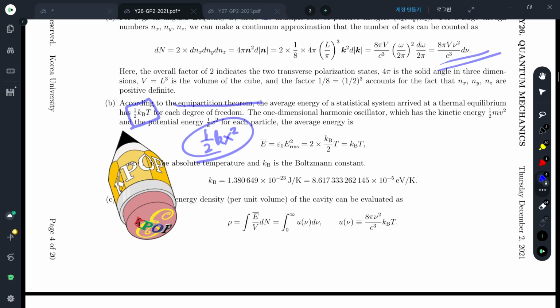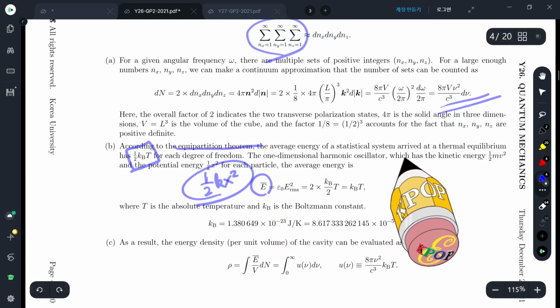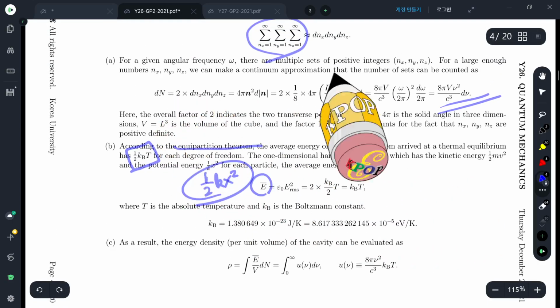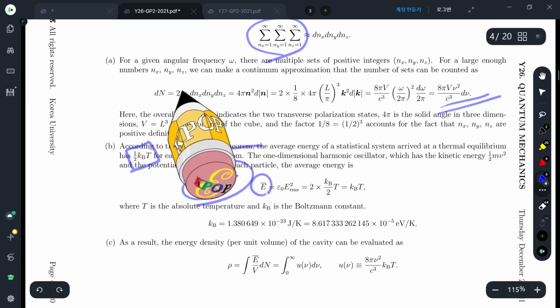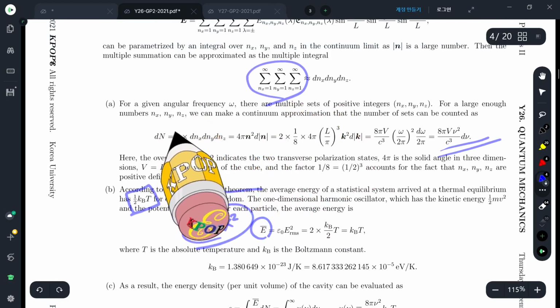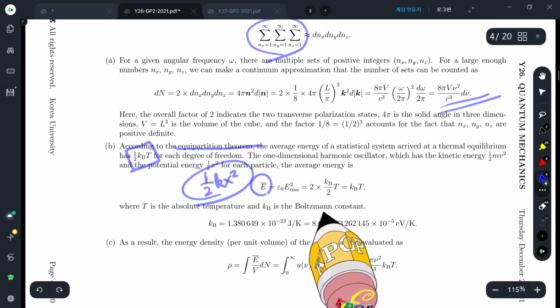If there are many molecules, the average energy, because we are considering free particles, the kinetic energy is the total energy of the system. And because the summation becomes an integral, and still the integral has the factor of 2 coming from the polarization states, we have an additional factor of 2.